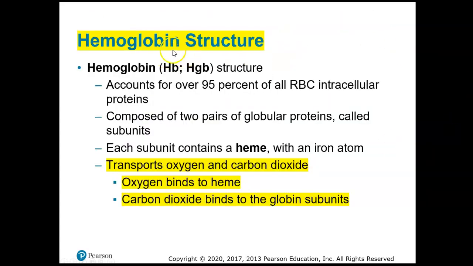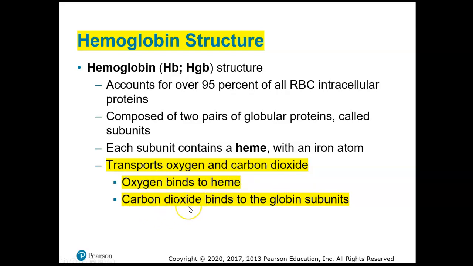Now we have the hemoglobin molecule that is found in the red blood cell. You just need to know that it transports oxygen and carbon dioxide. The oxygen binds to the portion of the hemoglobin called the heme subunit, and it actually binds to iron within the heme subunit.